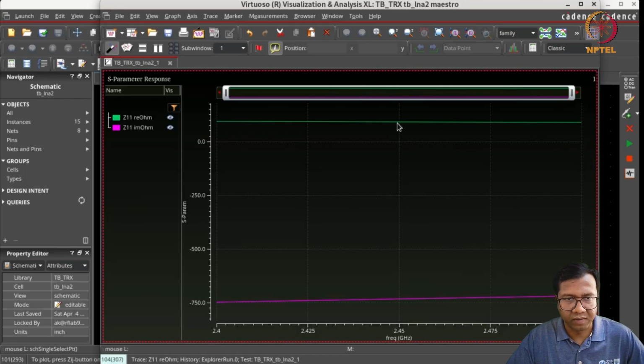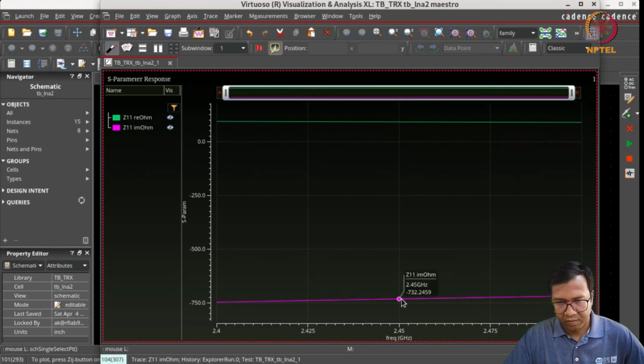Reason being the LS is also having a small series resistance. In addition to that, the MOSFET also has some CGD. So because of this effect of CGD and some series resistance in the LS, the actual real part is coming out to be higher than expected.